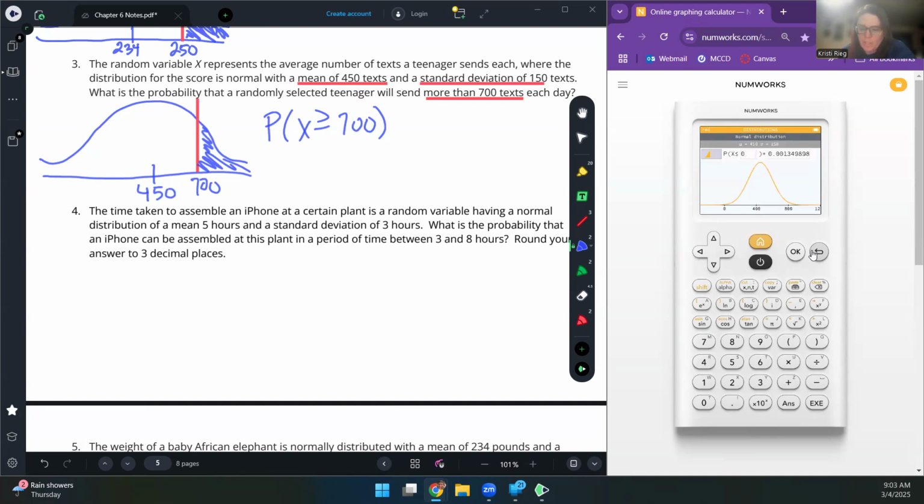I'm going to change this to greater than, and change this to 700. And now I have a picture on my calculator that looks exactly like the picture that I drew. And I can see that the probability is 0.0478.